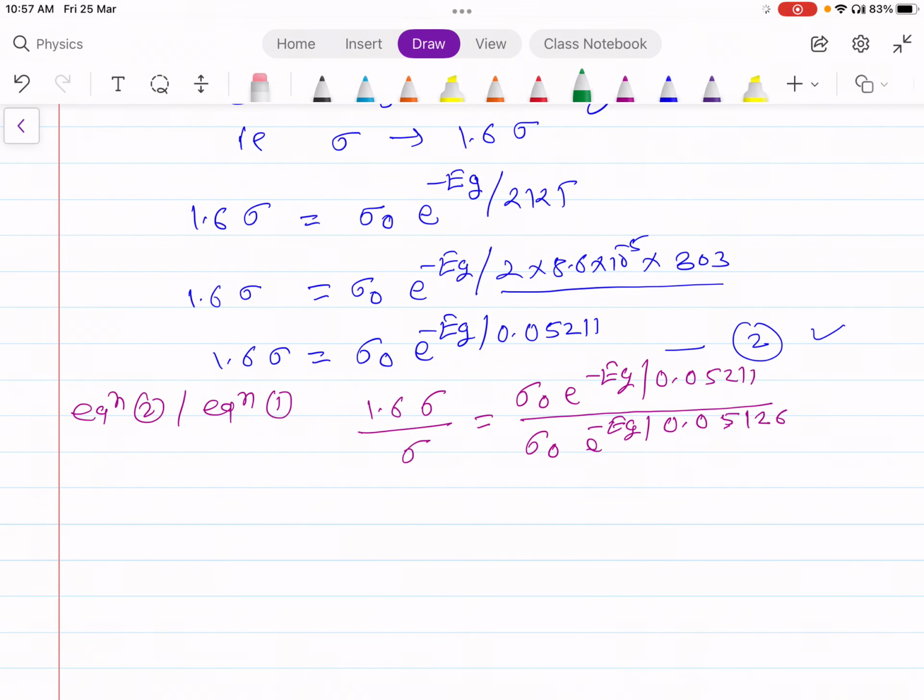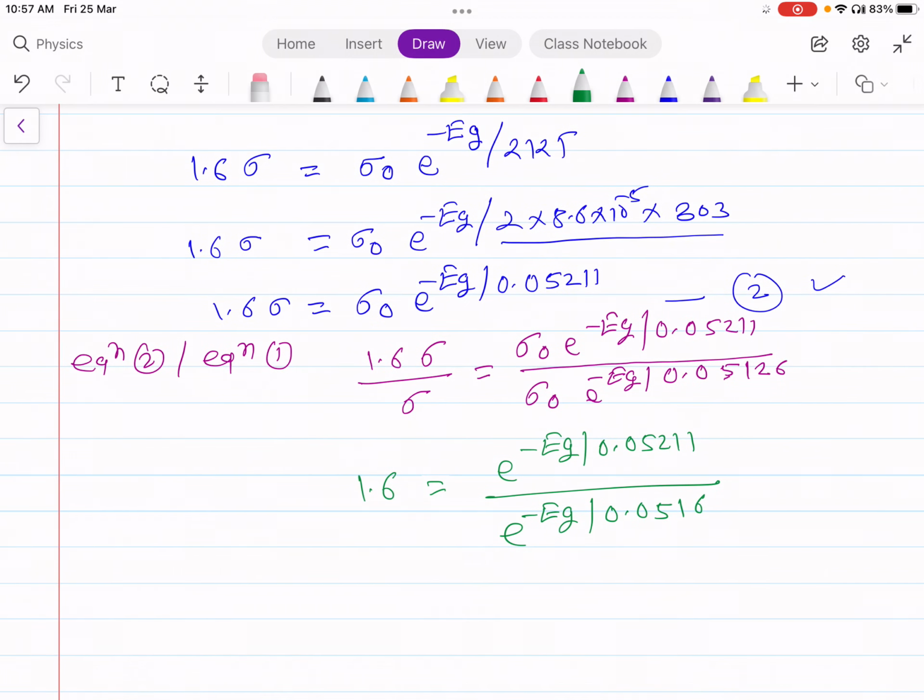That is, 1.6 equals e raised to minus Eg upon 0.05211 divided by e raised to minus Eg upon 0.0516. To simplify this, we have to take natural log on both sides.